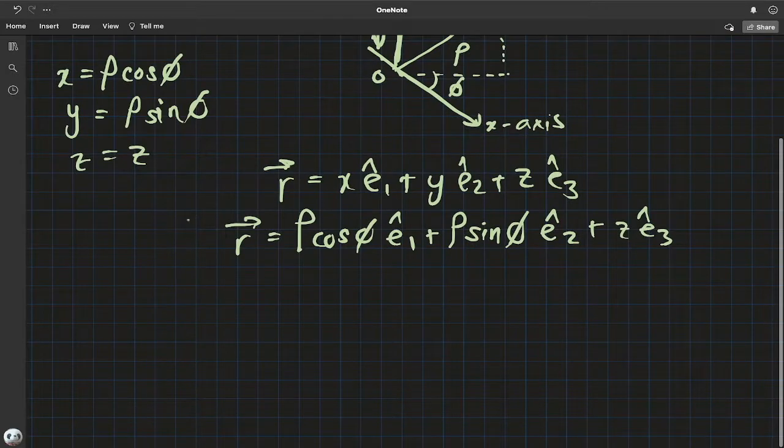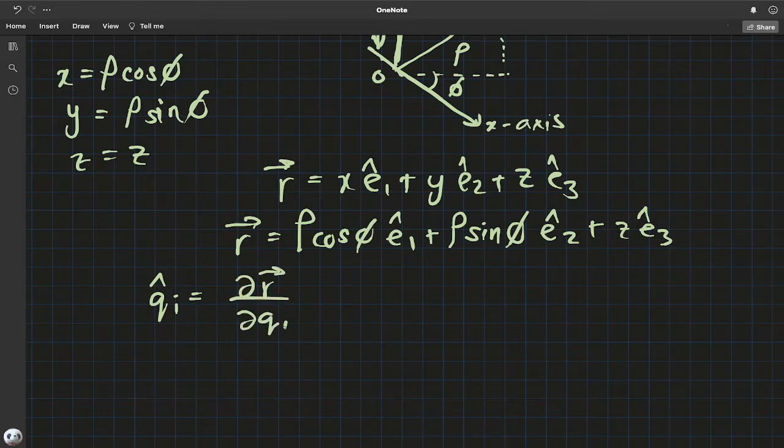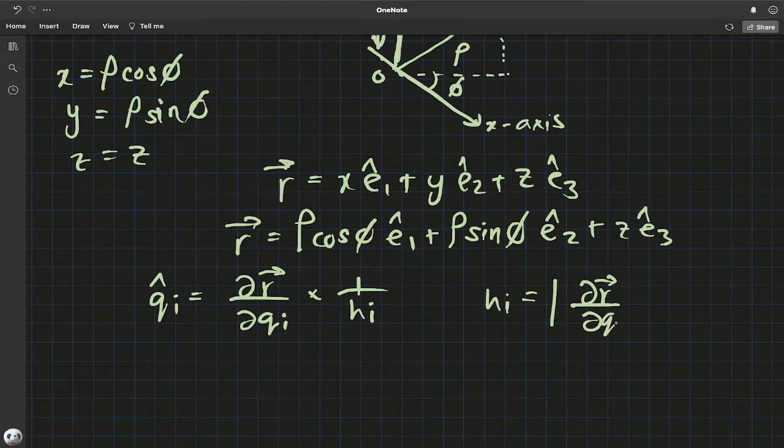And if we want to find basis vectors in this new cylindrical system, remember this formula from last video: partial derivative of r with respect to, say, qi times 1 over hi, where hi, the scaling factor, was the magnitude of partial derivative of the position vector with respect to that free variable.